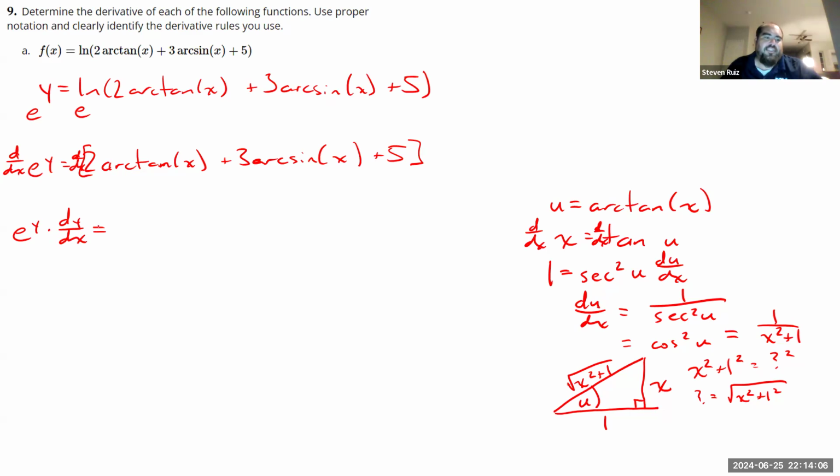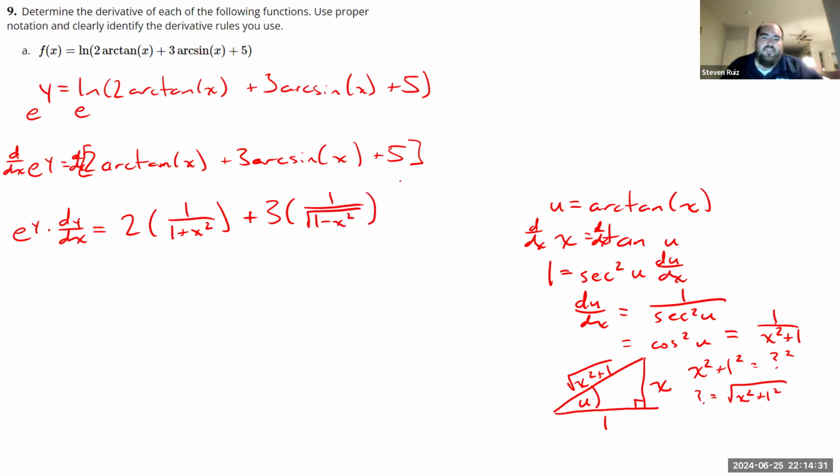So e to the y times dy dx is equal to 2 times 1 over 1 plus x squared. And I'm not going to do this in long form, but I encourage you to. I feel like there was another exercise where you had to take the derivative of arcsine of x, but this comes out to be 1 over radical 1 minus x squared.